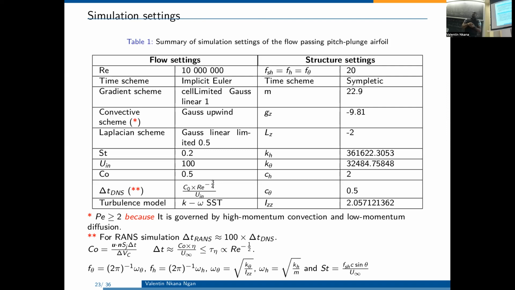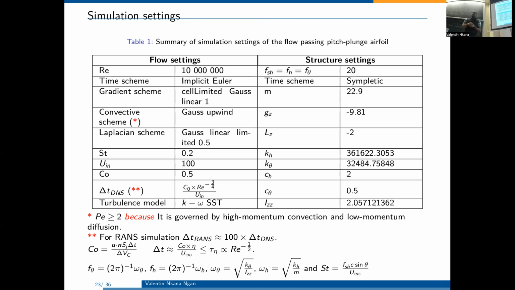So here we know that since we are dealing with turbulence regimes characterized by high momentum convection, we will use gusts of wind in the convective scheme.